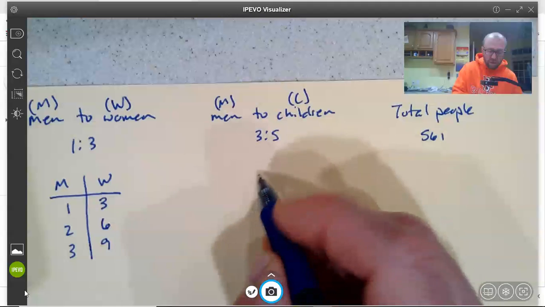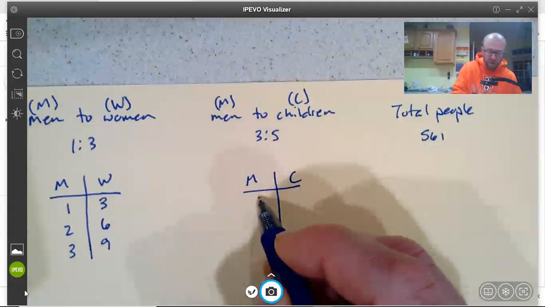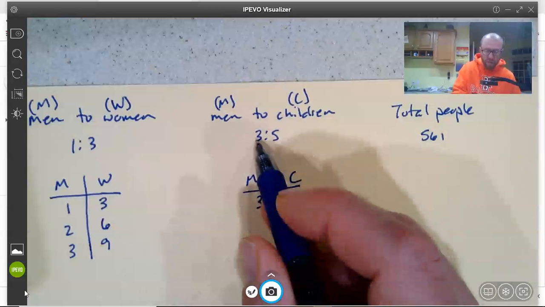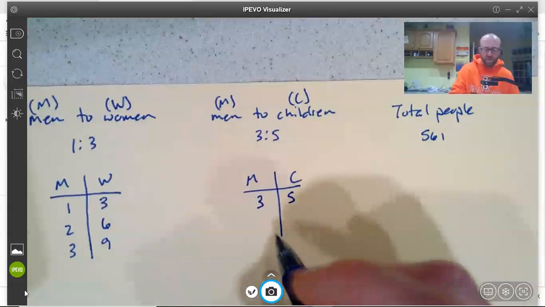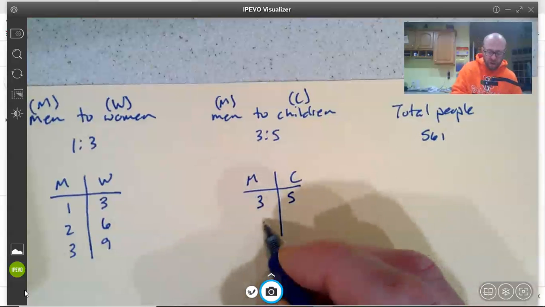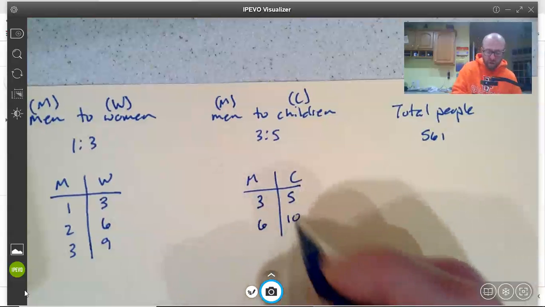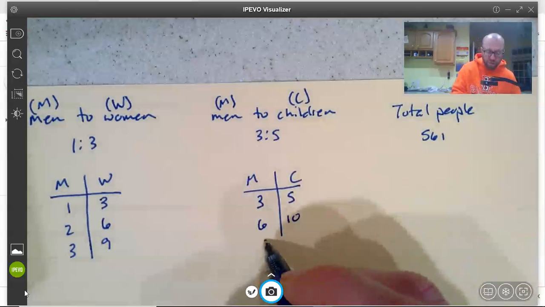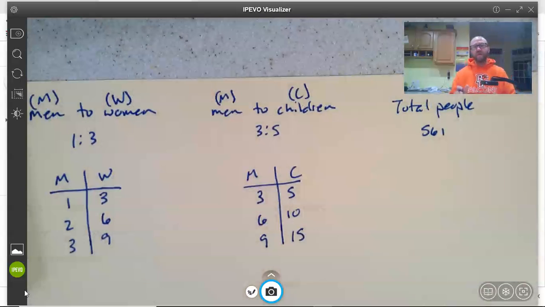Men to children: if there were 3 men, then there are 5 children. So for every 3 men, there are 5 children. If there were 6 men, then there would be 10 children. If there were 9 men, there'd be 15 children.